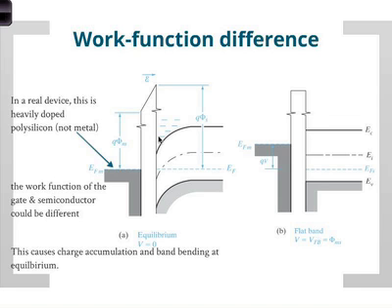Which means if I use this device without applying any voltage, I will get a current. This device is normally on. I need to apply a voltage to turn it off. It's an important distinction.